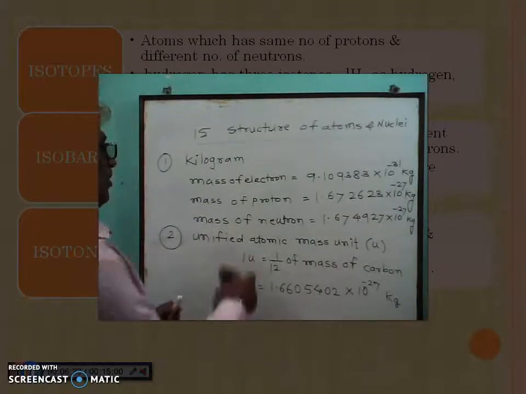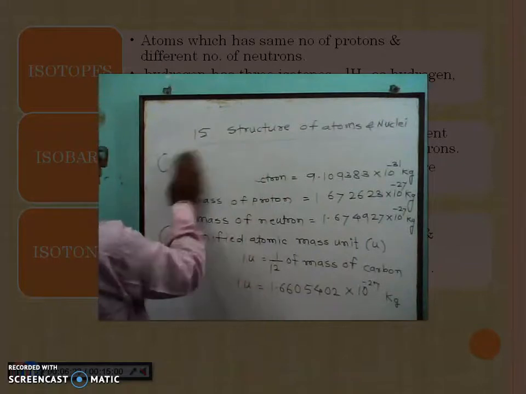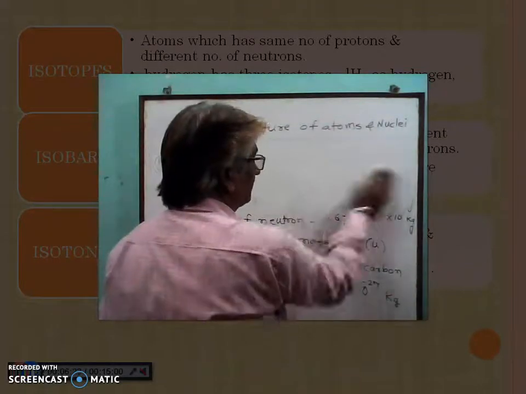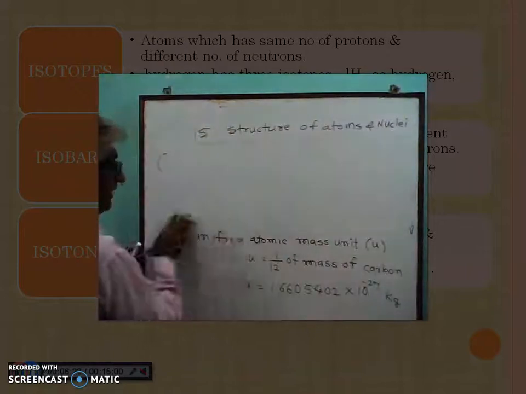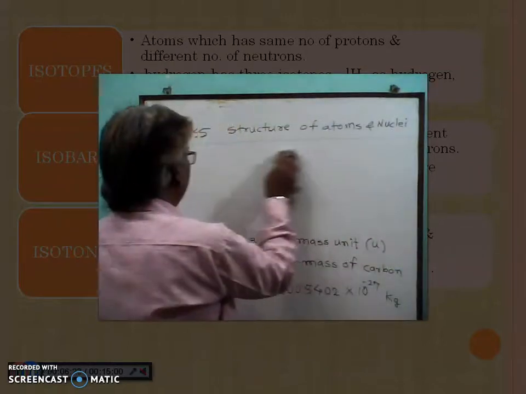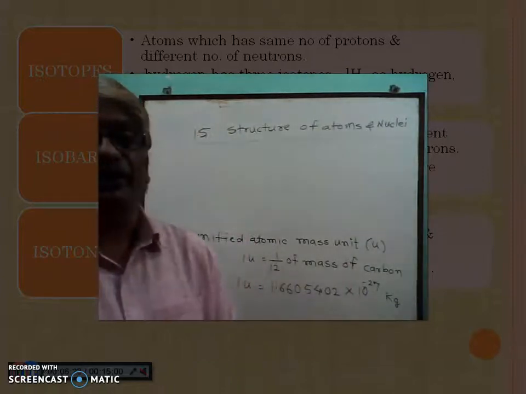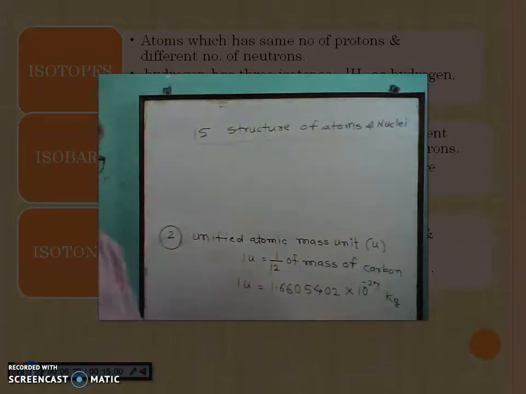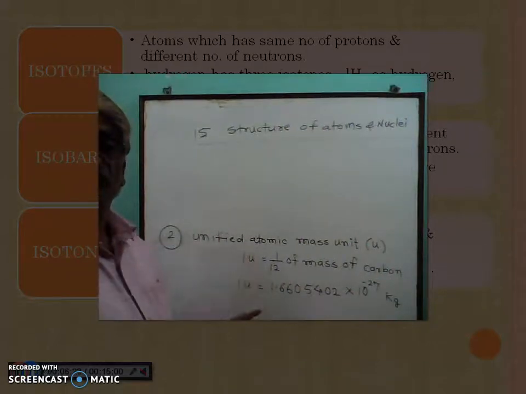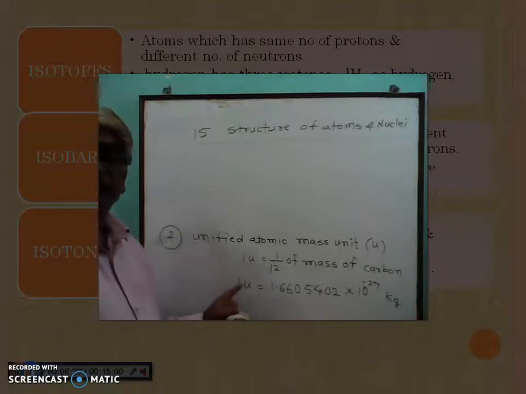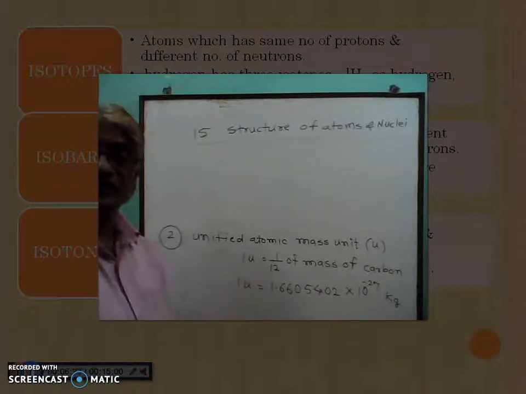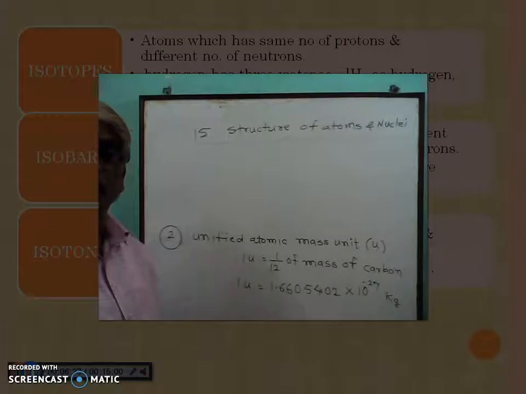So we want to find out the mass of subatomic particles like electron, proton, neutron in terms of unified atomic mass unit, whose 1 unit value is 1.660540 into 10 to the power minus 27 kg.